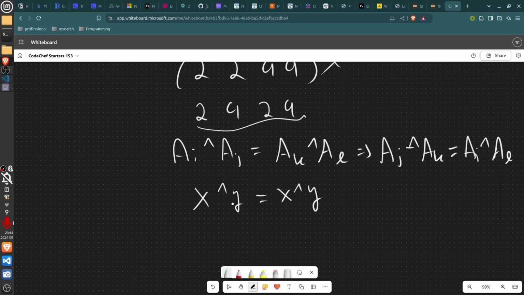And now the rule changes, because over here, in order to go from this side to that side, you had to XOR this side by AI and by AK. So in this case, you have to XOR by this one and XOR by this one.